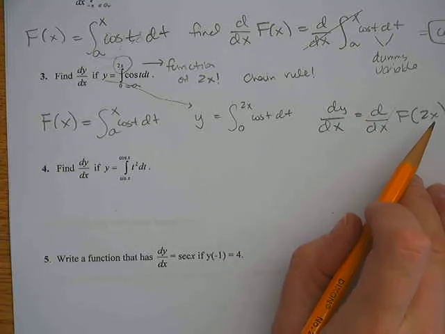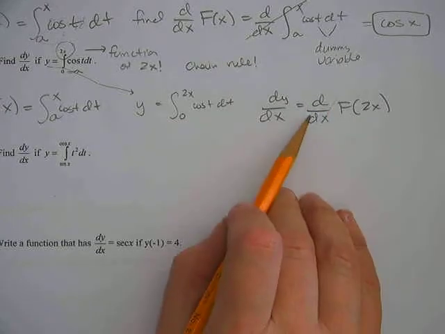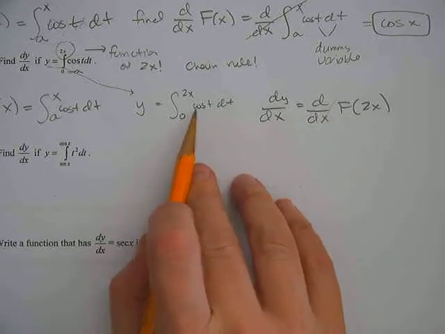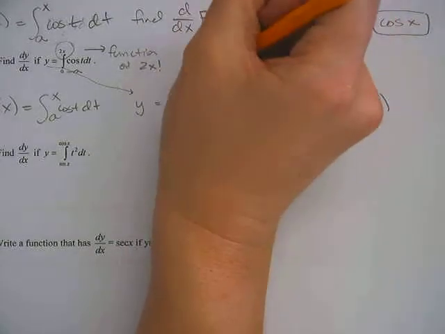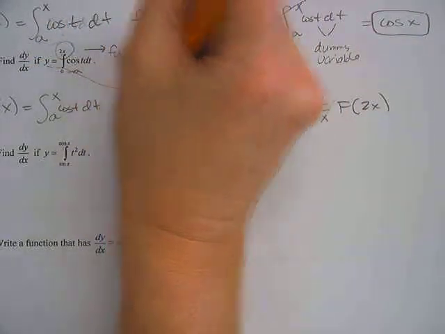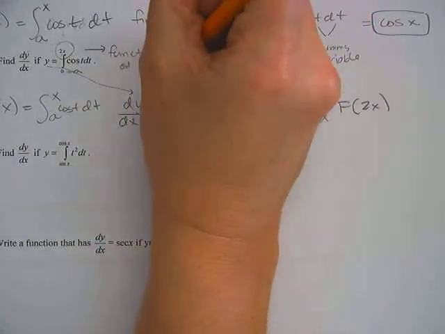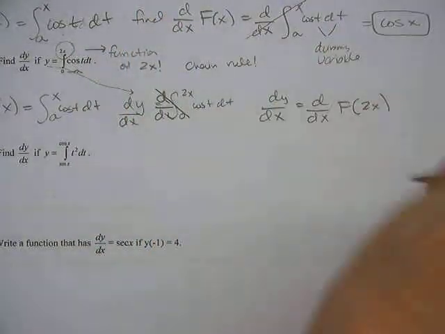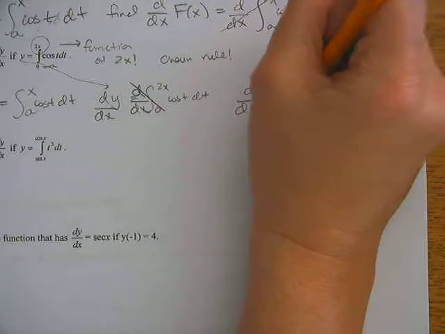So I have to find the derivative of the antiderivative and then multiply it by the derivative of the inside. Well, we already decided that the derivative of the antiderivative is just this function. So I'm taking dy dx, the derivative of this.